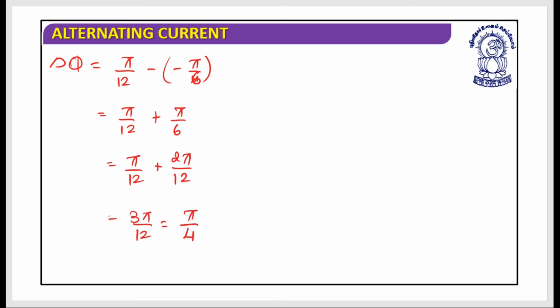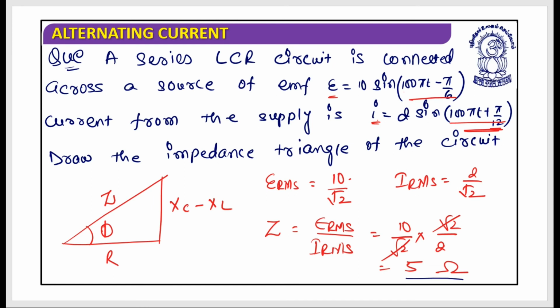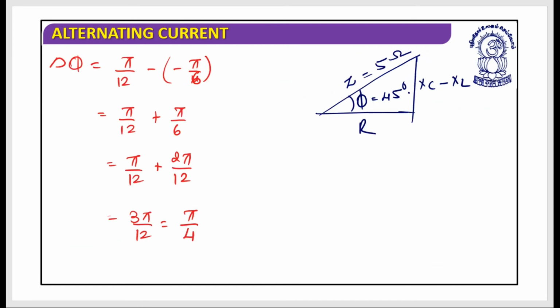So now I am having the phase difference. The situation is something like this: this was Z, this was phi, and this phi was equal to 45 degree. This is XC minus XL, and this is R, and this Z is 5 ohm.